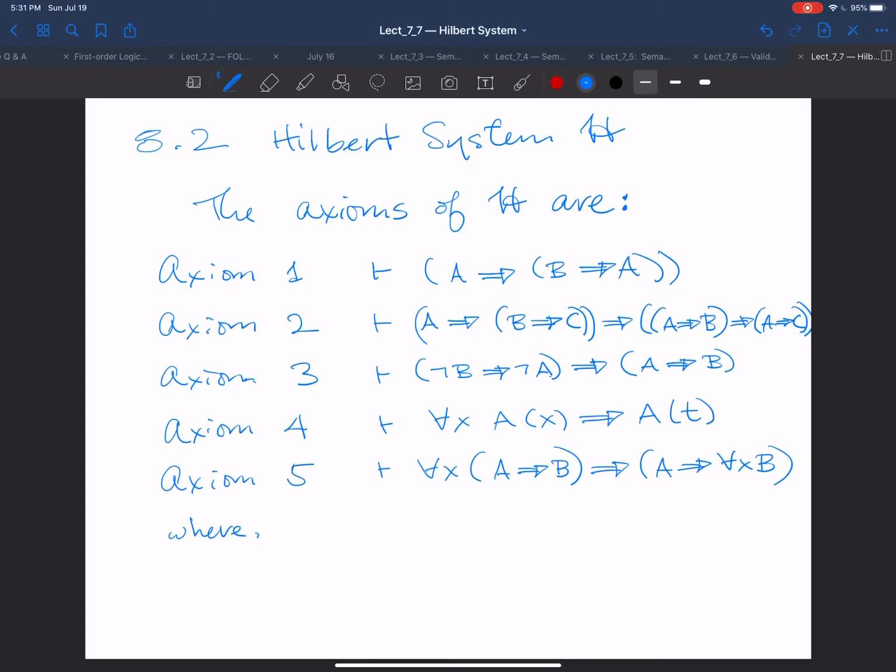Specifically, in the first three axioms, A, B, and C are any formulas of first-order logic.